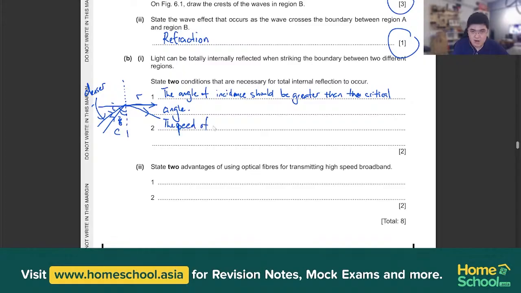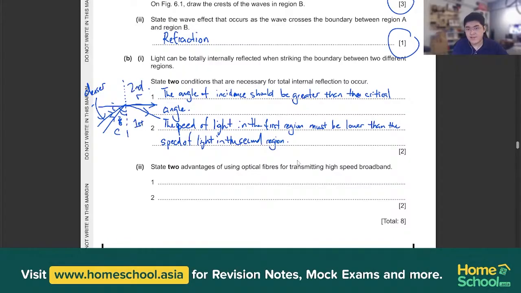The speed of light in the first region must be lower than the speed of light in the second region.